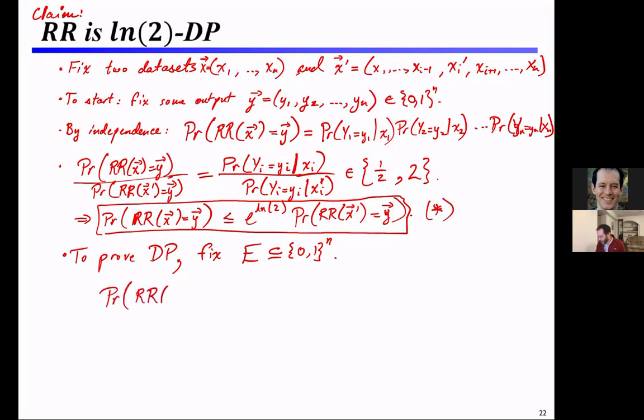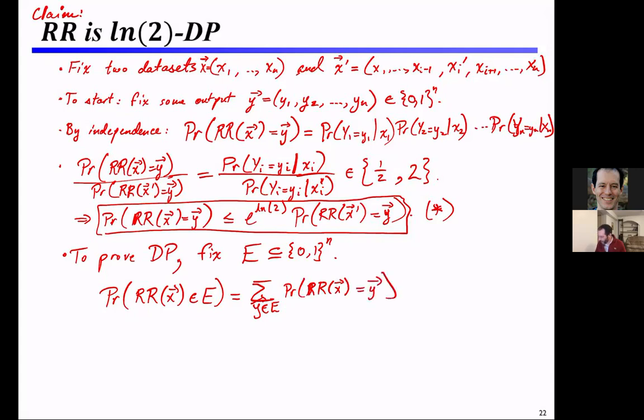So the probability that randomized response on x produces an outcome in E is the sum over those strings in E of the probability that randomized response produced that specific string.